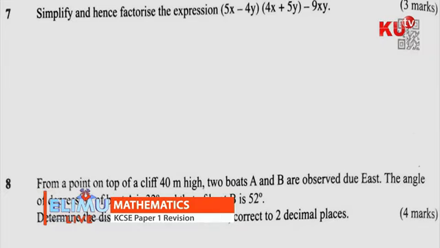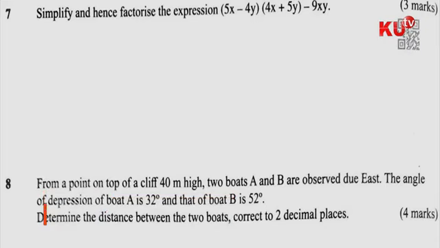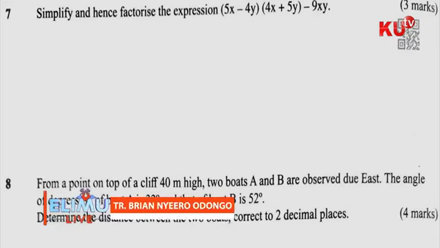The expression there is 5x minus 4y, 4x plus 5y, minus 9xy. So the question simply says simplify and hence do what?